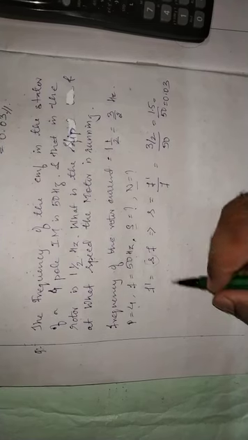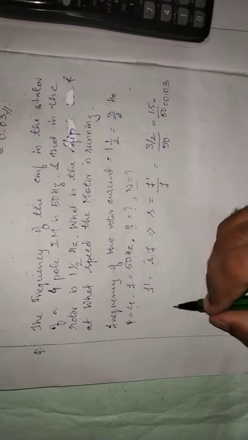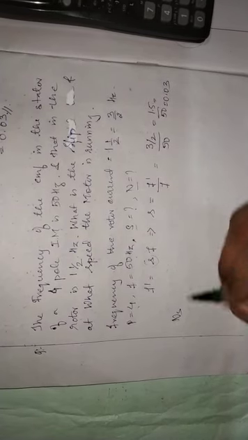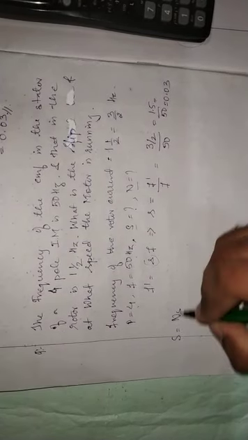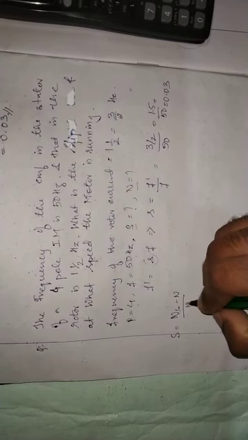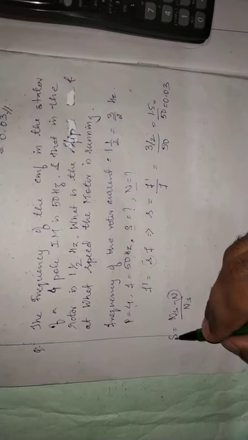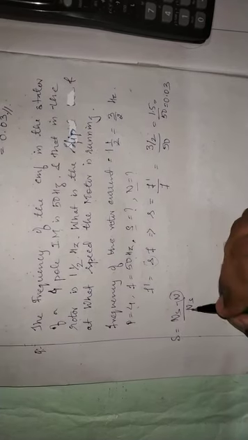Now we'll be calculating the Ns, because we need to find the speed of the motor. s is equal to (Ns minus N) by Ns. So we need to calculate N from this formula. We already have the value of s, that is 0.03, but we need to calculate the value of Ns.